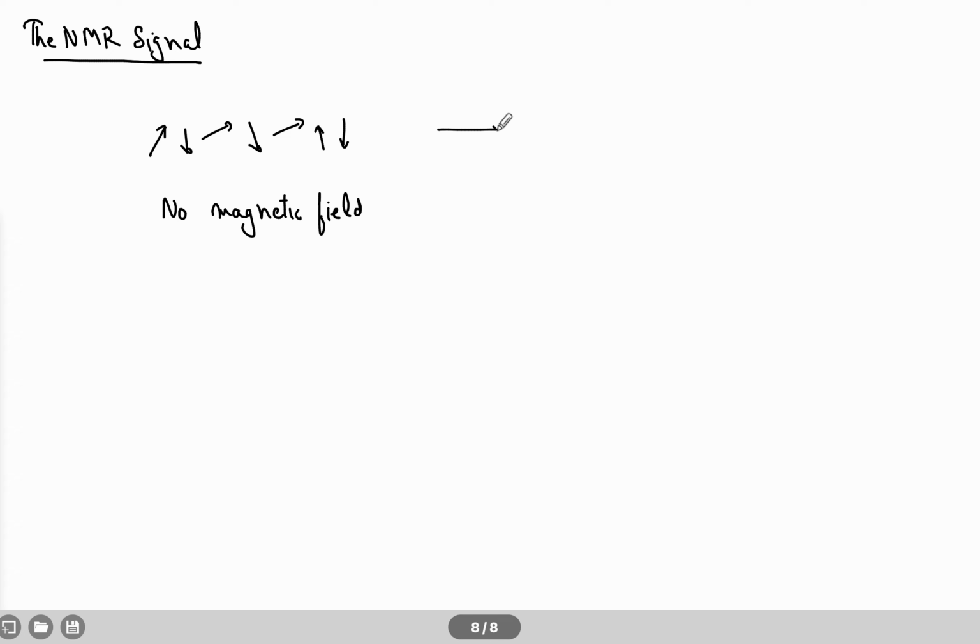And when you apply B0 in the Z direction, which is depicted like this, there is a net excess of population which will have spins oriented along the direction of the magnetic field, and this leads to creation of something called bulk magnetization, which we will represent by vector M. This is the vector sum of all those individual spins mu1, mu2, mu3 and so on.